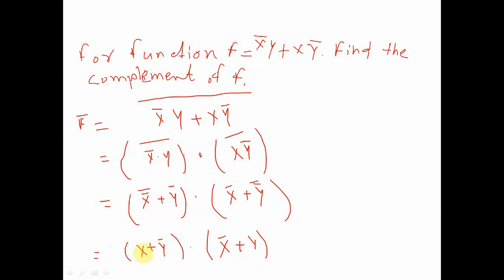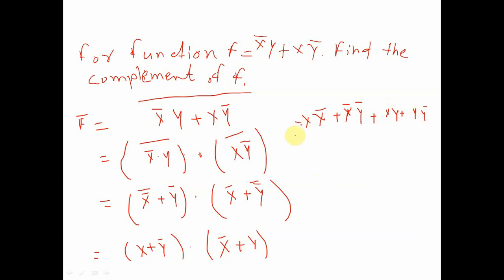Now multiply this term into this. So again, this is the multiplication process. x is multiplied with x bar, x into x bar, plus x bar y bar, y bar multiplied with x bar, plus x multiplied with y, and y multiplied with y bar.